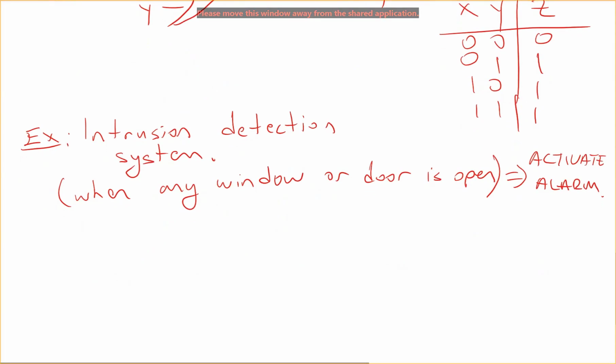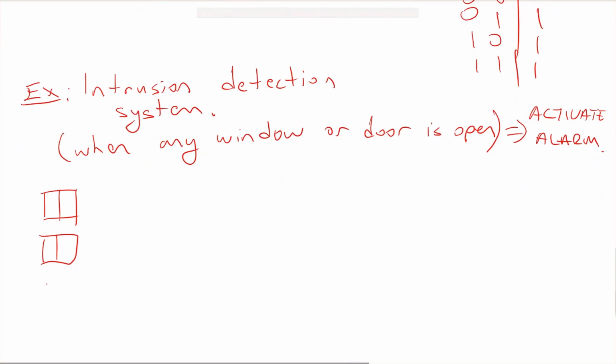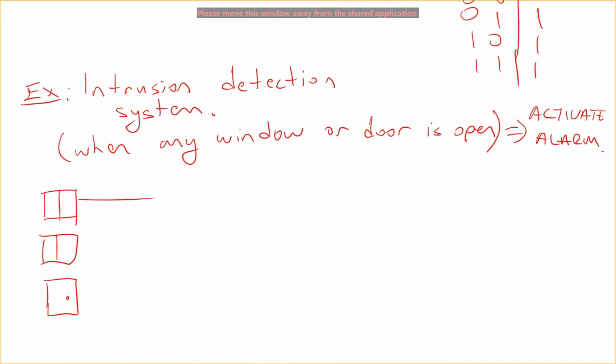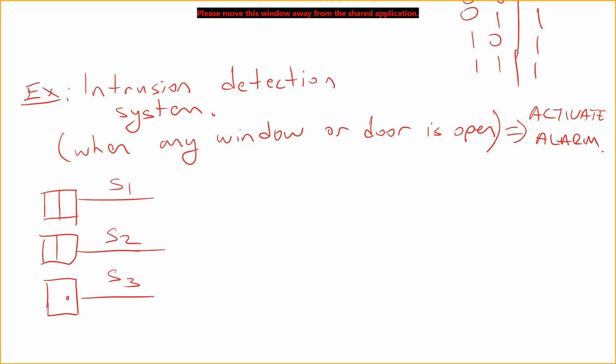So let's say I have 2 windows and 1 door in my home, and let's say I have a sensor on each. Let's say this is S1, this is S2, and this is S3. The sensor detects if the window or door is open. If any of them is open, I need to give a 1 to the output.